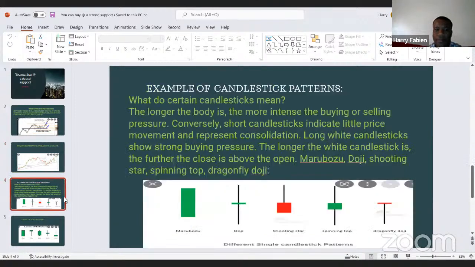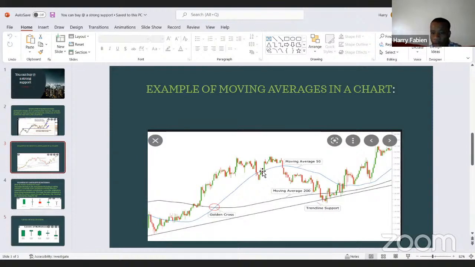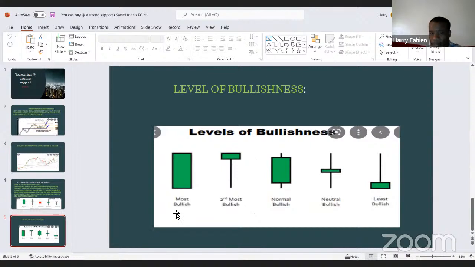The next one I'm going to show you is the different levels of bullishness. Those five candles you can see there are the levels of bullishness. Anytime the price goes down and you see one of those candles, especially down there, that's a big signal of buying.